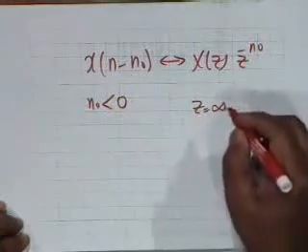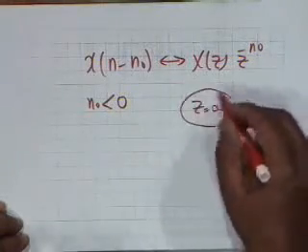That region may or may not be in the ROC depending on the nature of X sub z. It is not necessary that the infinity has to be excluded, because the pole at infinity may be cancelled by some zeros of X sub z. If X sub z has zeros at the origin, they might cancel. Pole zero cancellation might still keep the point at infinity, z equal to infinity, in the ROC. One has to be careful about this.